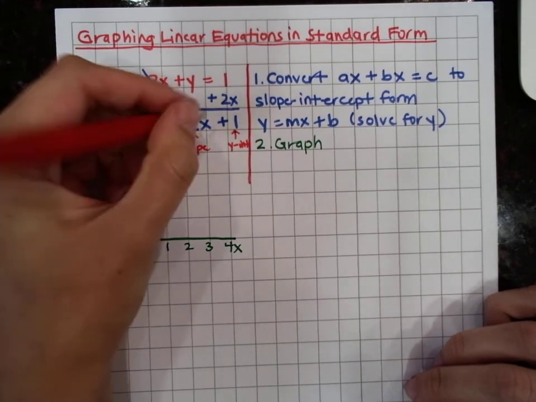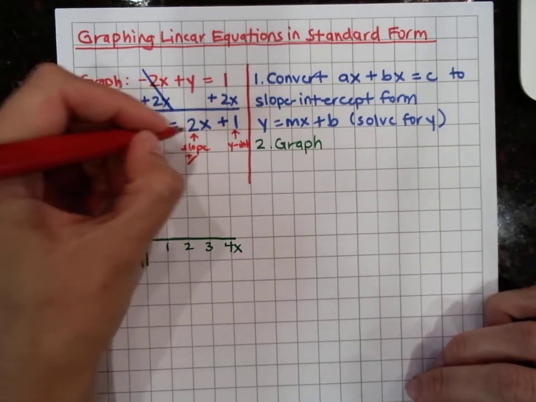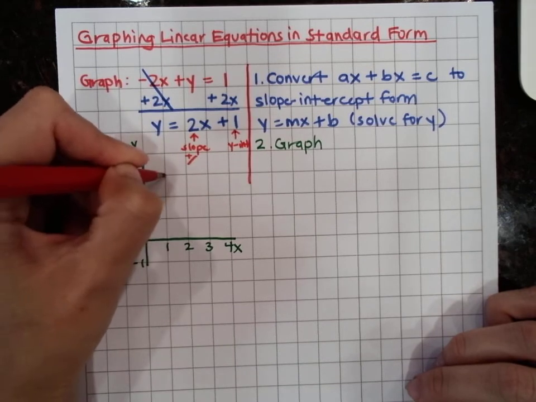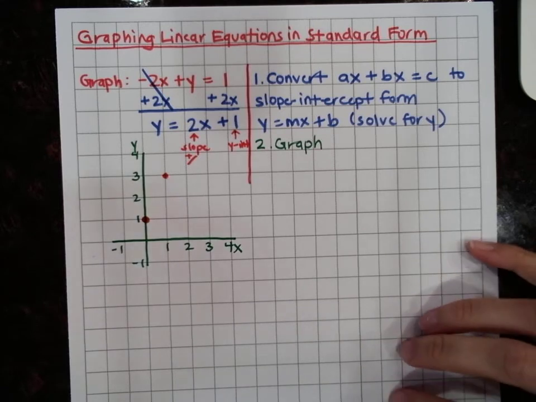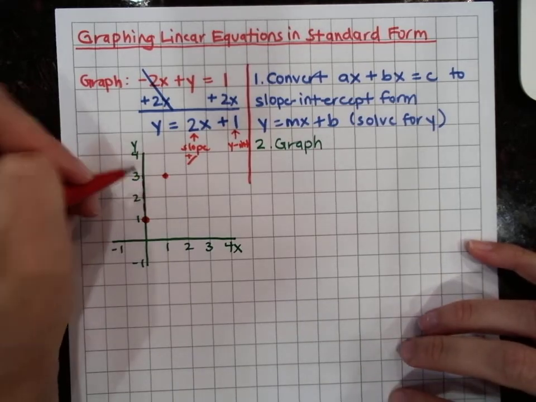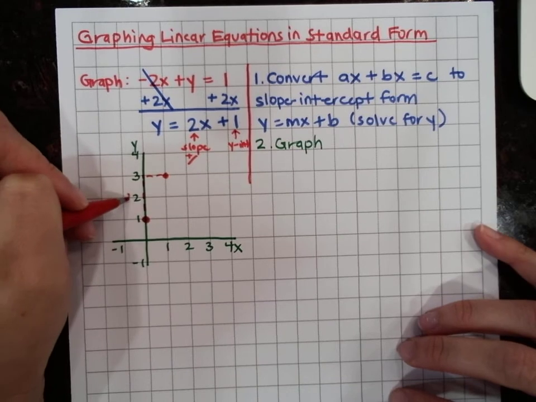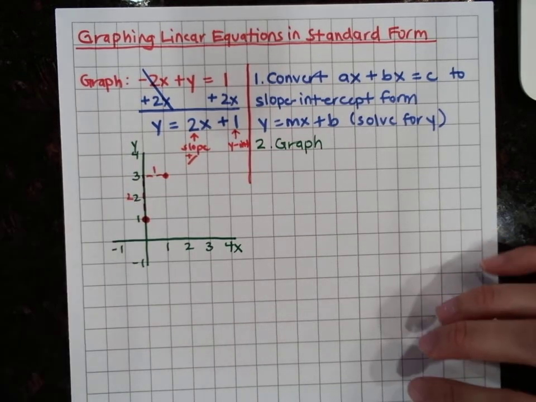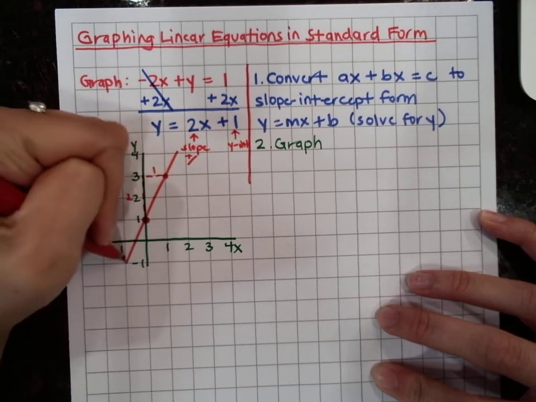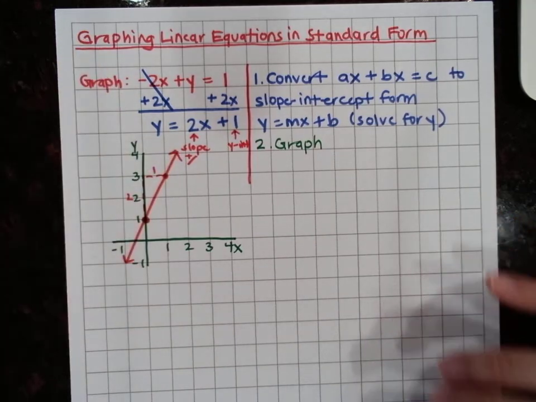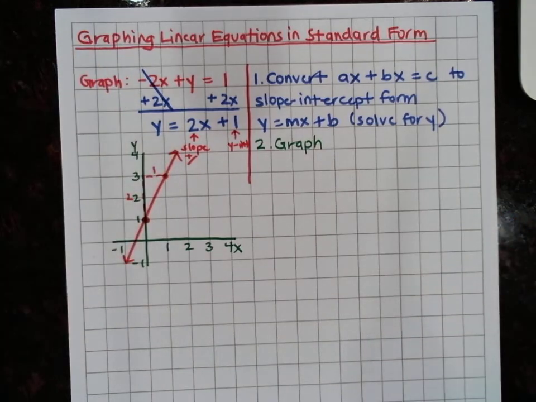My rise is 2, which means my run is 1. So I go up 2 and to the right 1. You can draw your slope triangle if you'd like. Our rise was 2, our run was 1. And there's our graph.